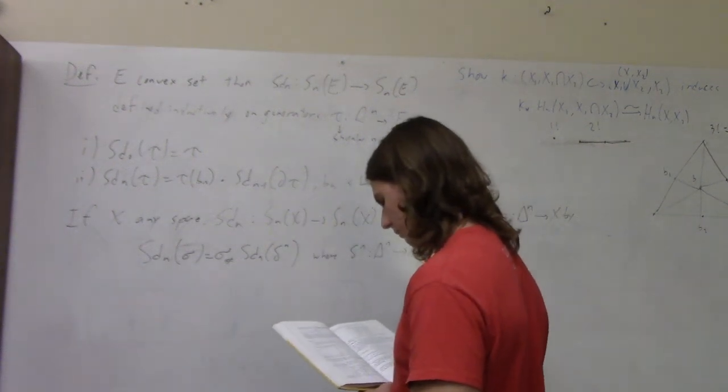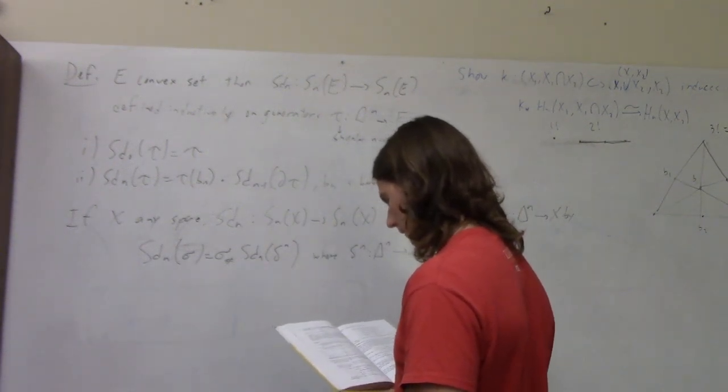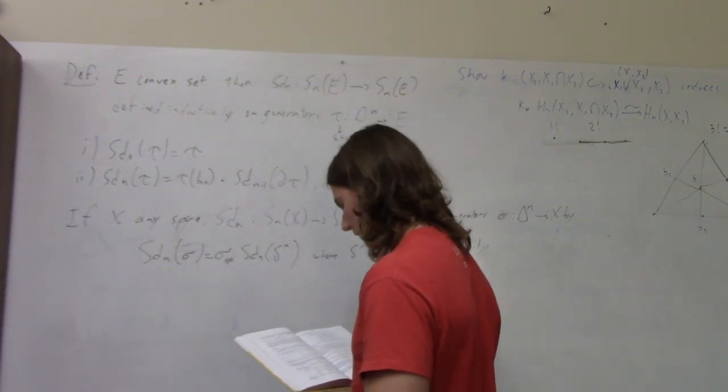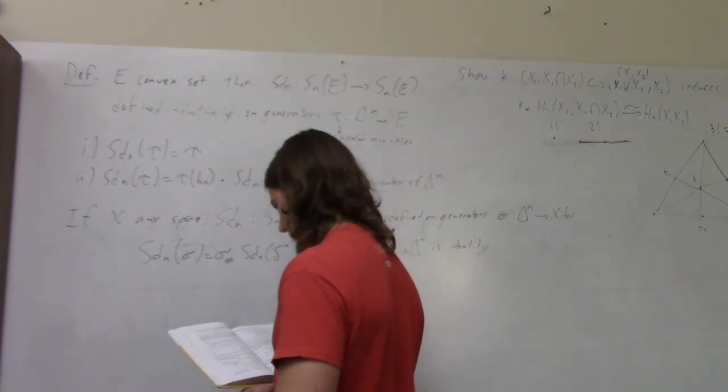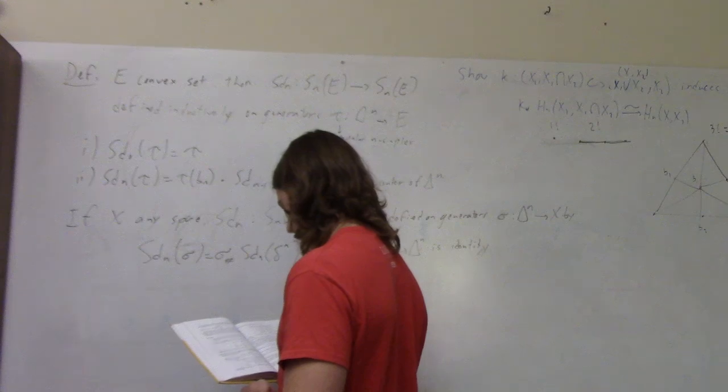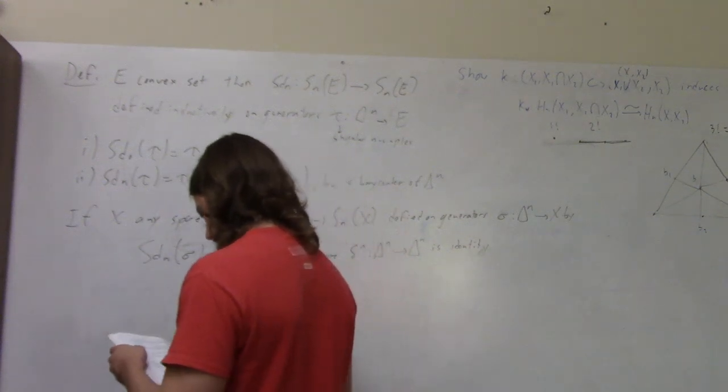Okay. Right, and so this is the same kind of induced map as we had seen in chapter 4, I think. Might not be exactly the same.